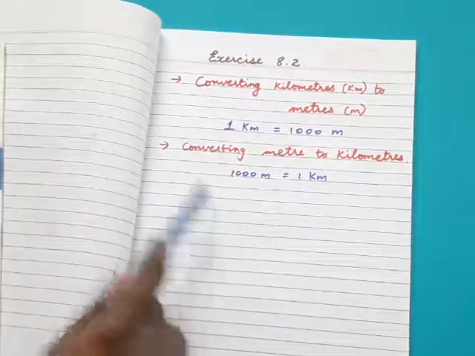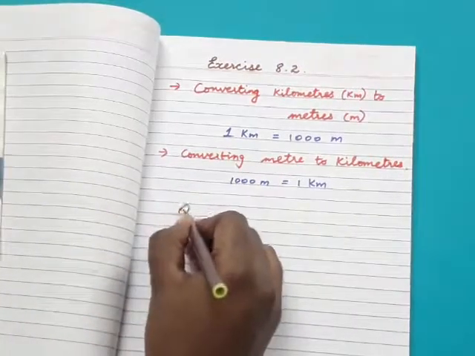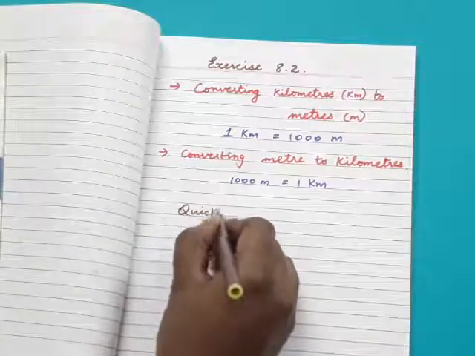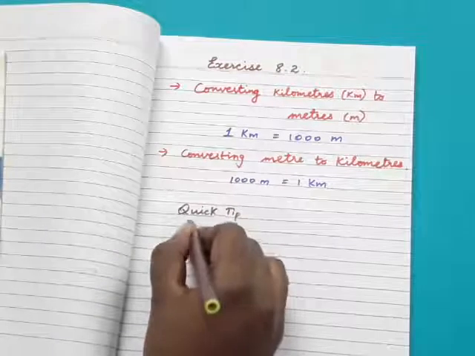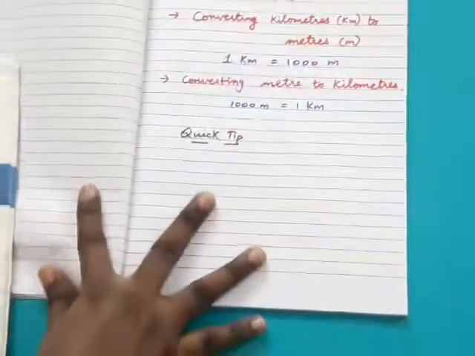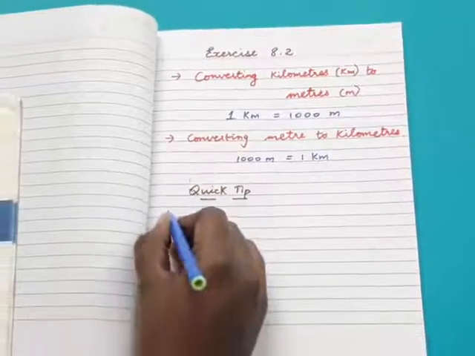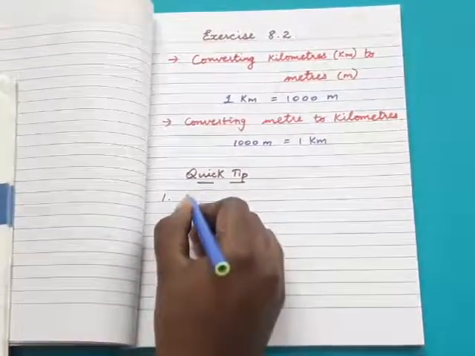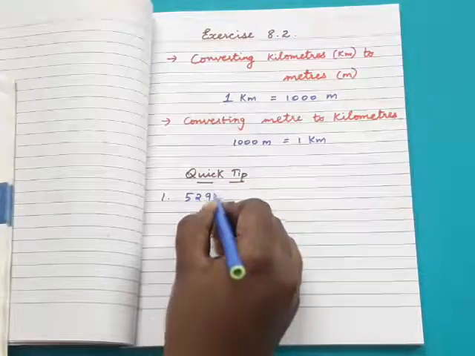In this exercise also, you are having a quick tip. How without doing multiply and divide you can find the answer. I am going to tell you a quick tip. Okay, keep this in mind. Number 1, for example, you are taking the number 5295.